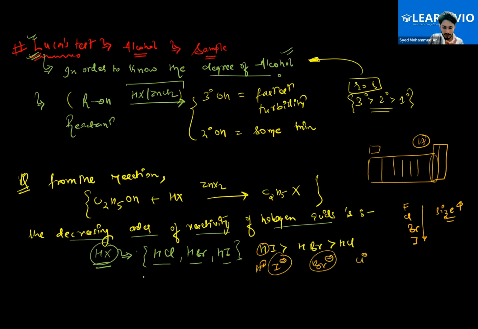So the bond between H and I is easily breakable, because I is very large and hydrogen is very small. As fast as this bond breaks, the reaction will proceed, because the first step is protonation. This thing is there in your NCERT. You can read that.